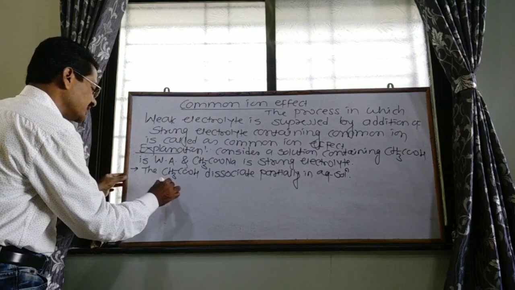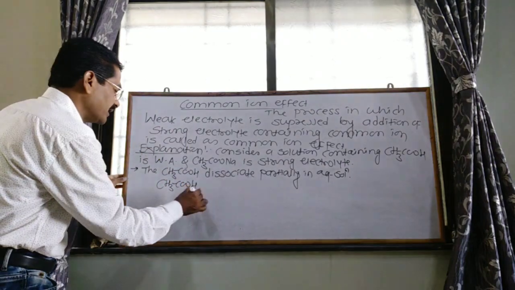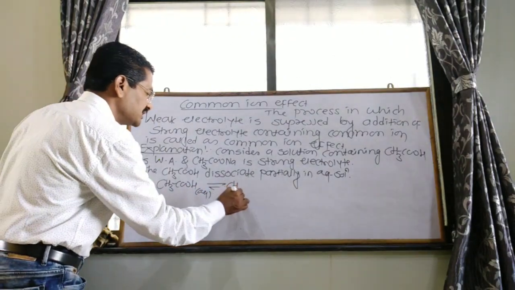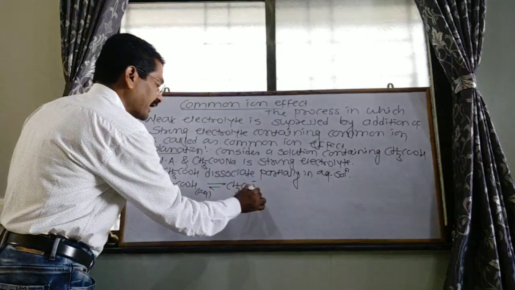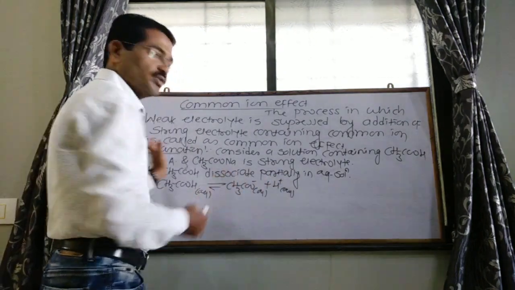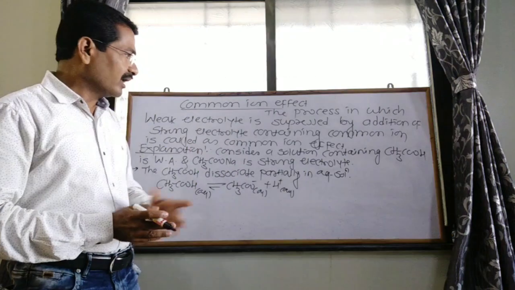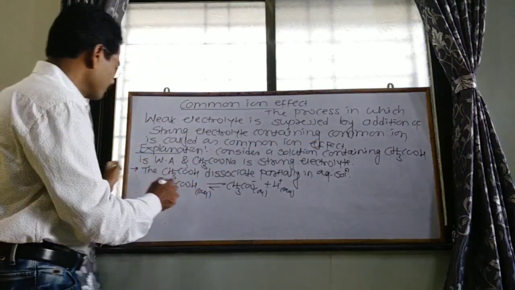So CH3COOH in aqueous solution breaks to give CH3COO minus acetate ions and H plus ions.